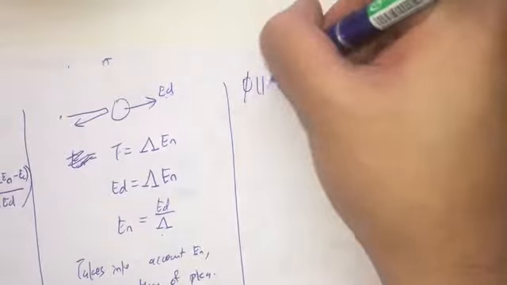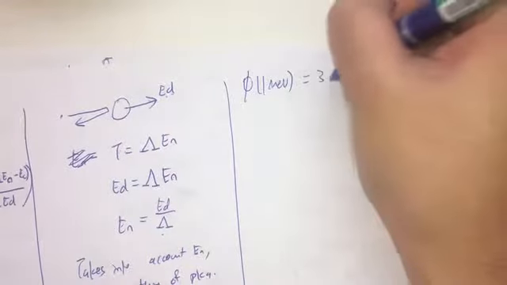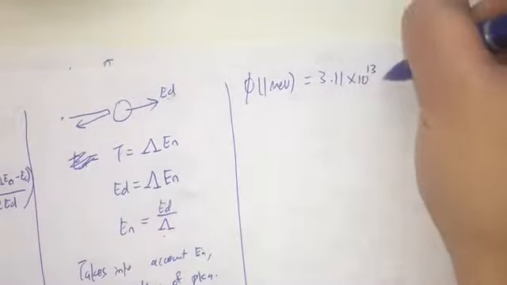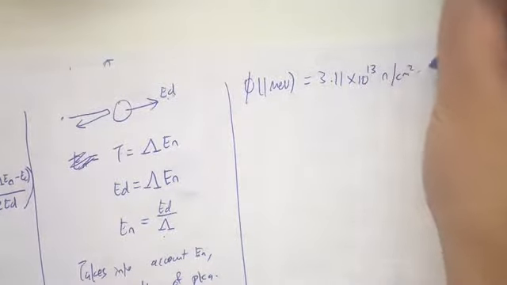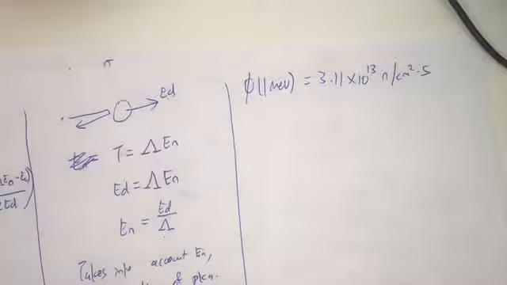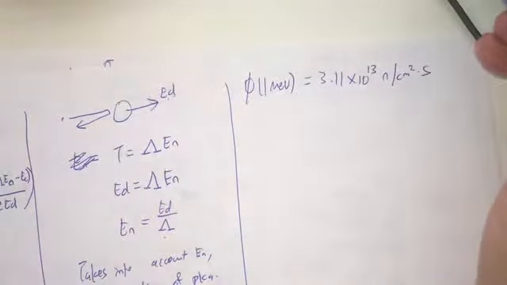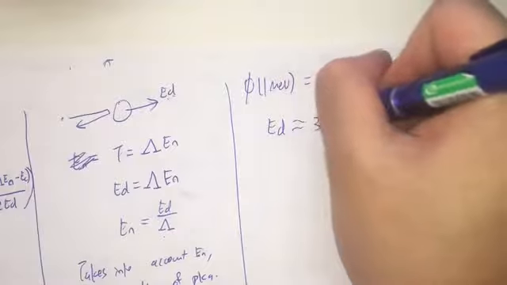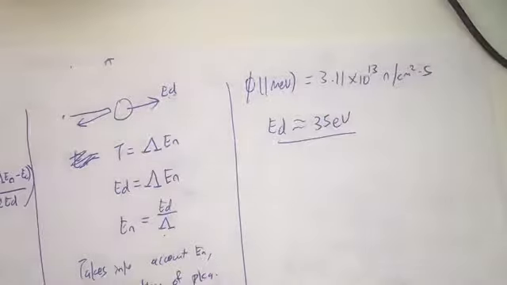So, let's assume phi at 1 MeV is the same, 3.11 times 10 to the 13 neutrons per cm square per second. And ED, we'll just assume 35 electron volts, same as before.